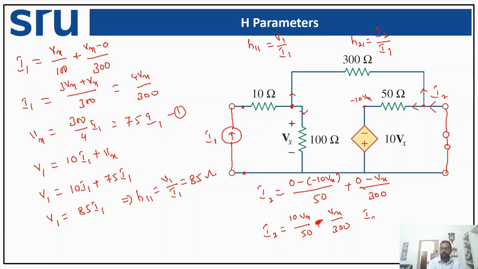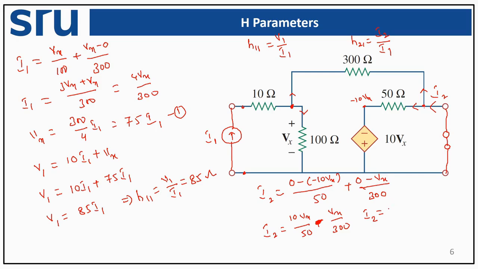Before going to that, let us simplify it. My I2 will be equal to, multiplying and dividing by 6, 60 Vx minus Vx divided by 300.